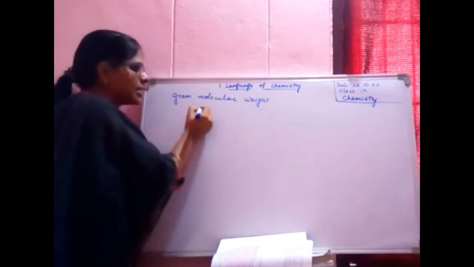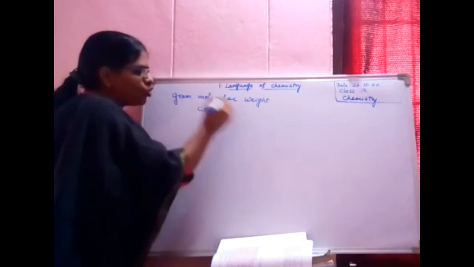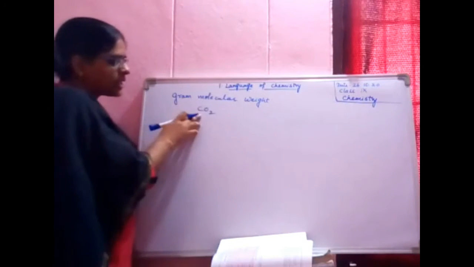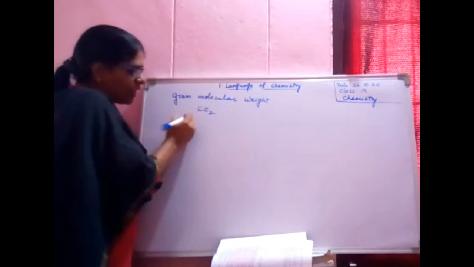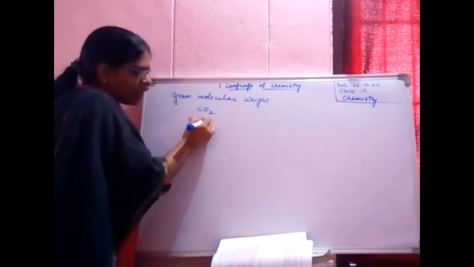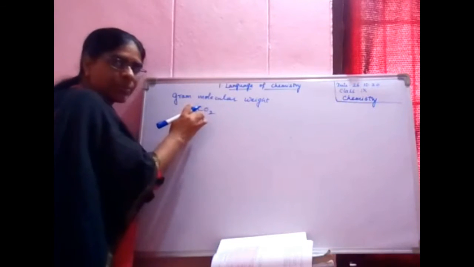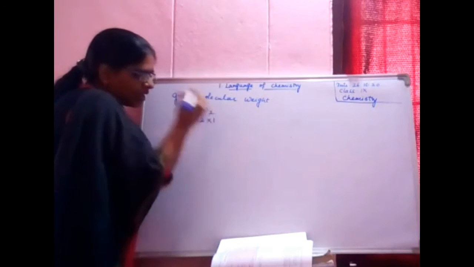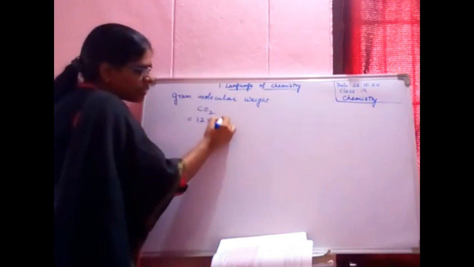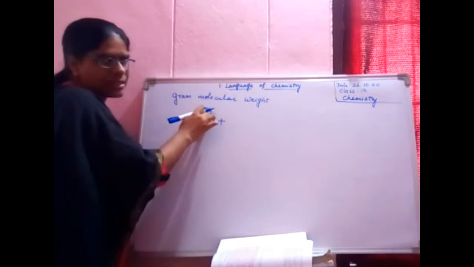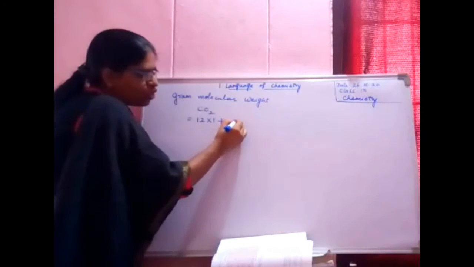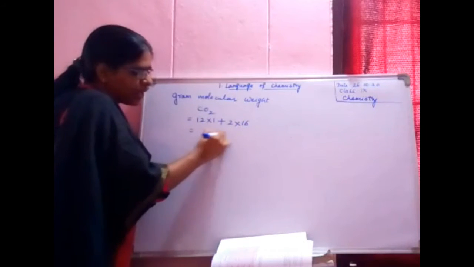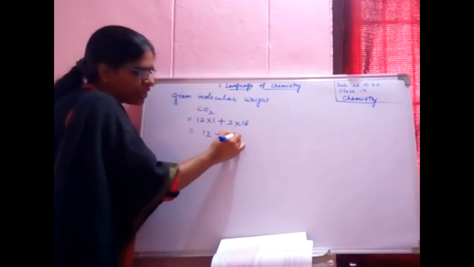Okay? Let us see how to find the gram molecular weight of CO2. How many carbons are there? Only 1. Hence, 12 is the atomic weight of carbon, as we contain only 1 carbon, into 1, plus how many oxygens? 2. 2 into 16. 12 into 1, 12, plus 16 into 2, 32.